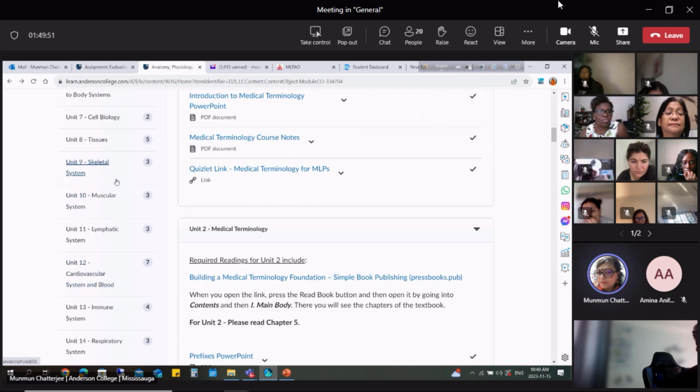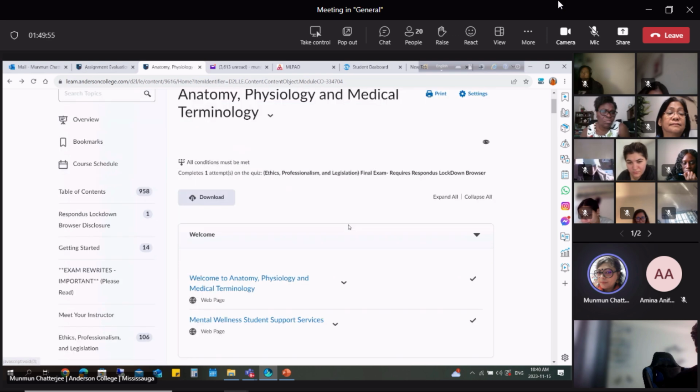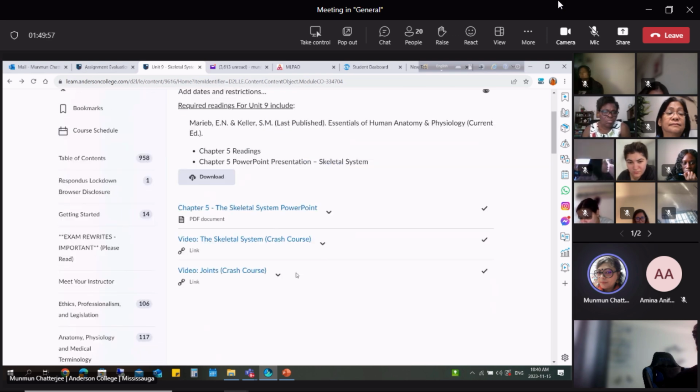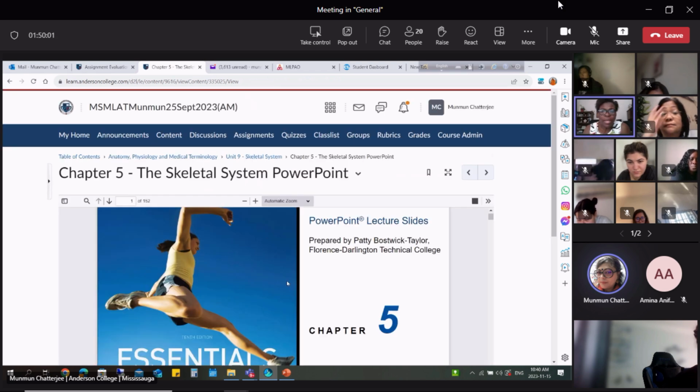So, the skeletal system, then the muscular system. Let me see how much there is. The skeletal system has a lot of information. It has 152 slides. What chapters are on the exam? 6 to 10. Okay, so you need to cover all of those. You can see this one has 152 slides.